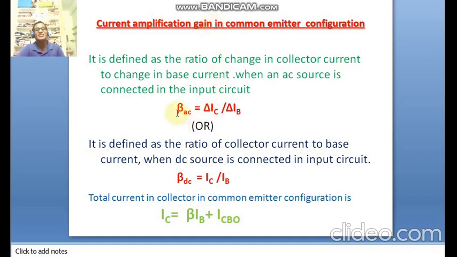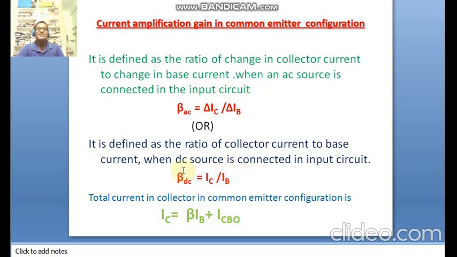If an AC source is connected in the input, then the gain is beta AC. If there is no source or any DC source is connected, then the current gain is represented by beta DC. Beta AC is defined as the ratio of change in collector current to change in base current when an AC source is connected in the input circuit.